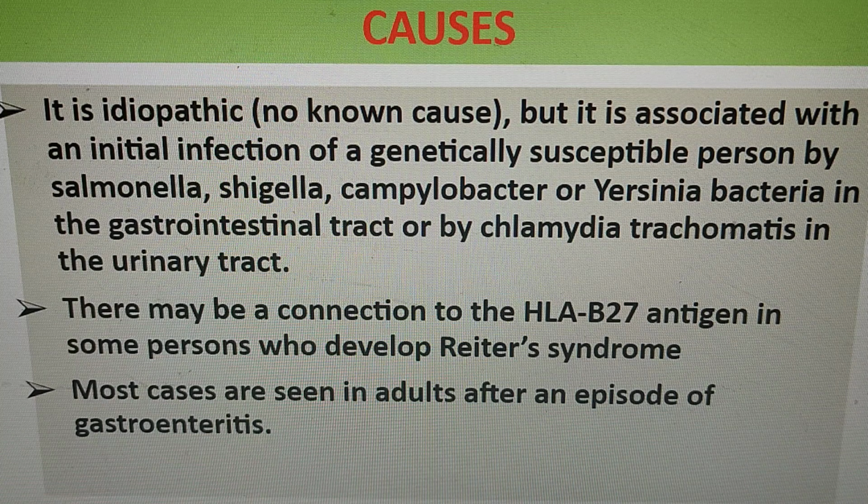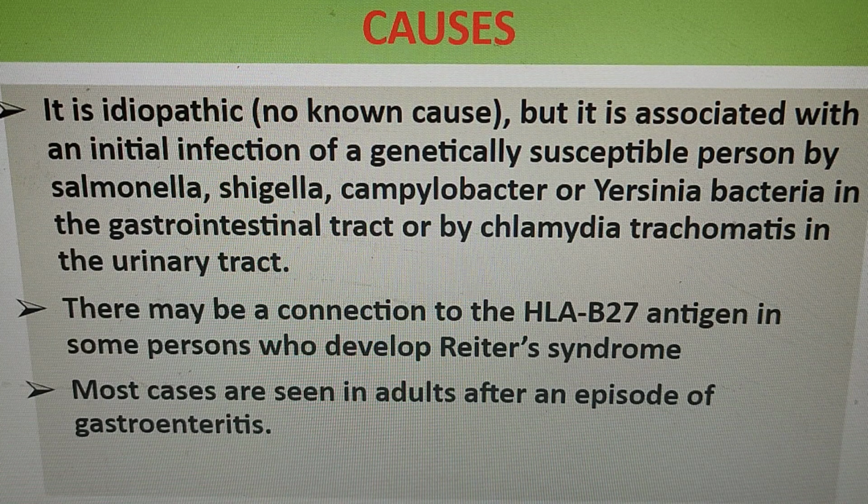So the bacteria Chlamydia trachomatis in our urinary tract is one cause, and more bacteria in the gastrointestinal tract as well. There may be a connection to the HLA-B27 antigen in some persons who develop Reiter's syndrome.